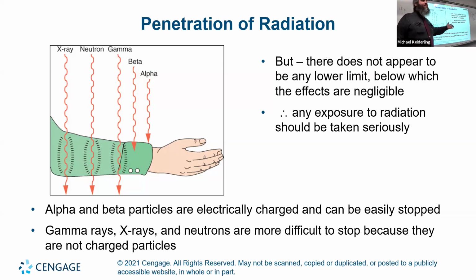Your clothes will stop alpha and beta particles, and a reasonable amount of air will do it. But things like gamma rays, neutrons, and X-rays are much more difficult to stop because they're not charged particles. And then there's some debate whether small amounts of radiation exposure are bad or not. There's a lot of debate about that.